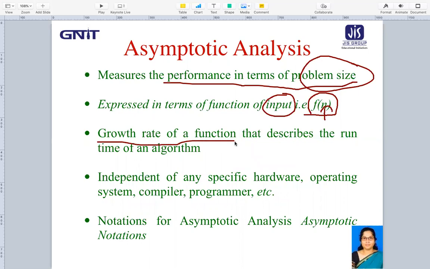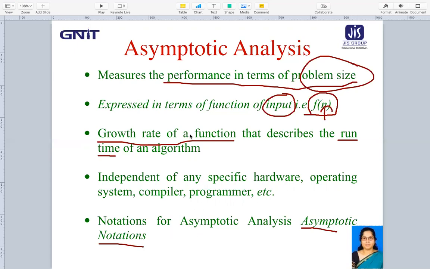So it is the growth rate of the function that describes the running time. Because we are talking about the running time, we also represent the space complexity of an algorithm with the help of the asymptotic notation. The notations used for the asymptotic analysis are known as the asymptotic notations. And these notations are independent of any hardware, software, or compiler we are using.